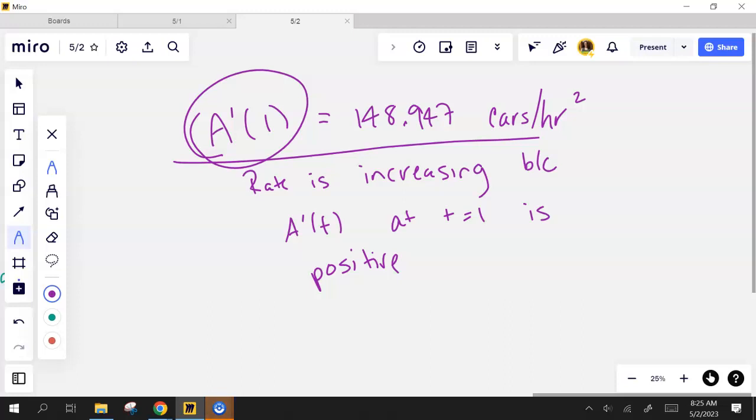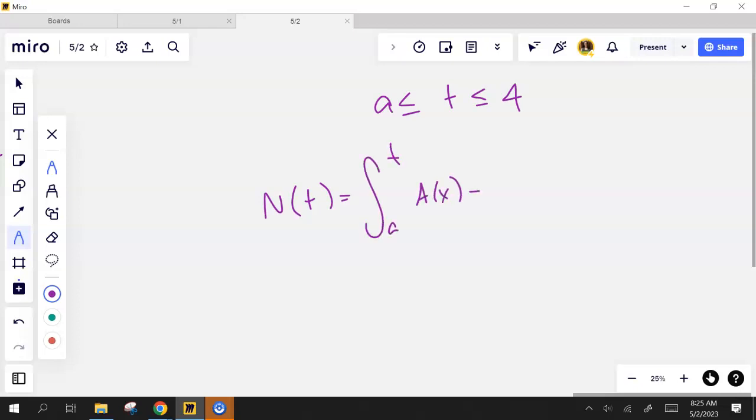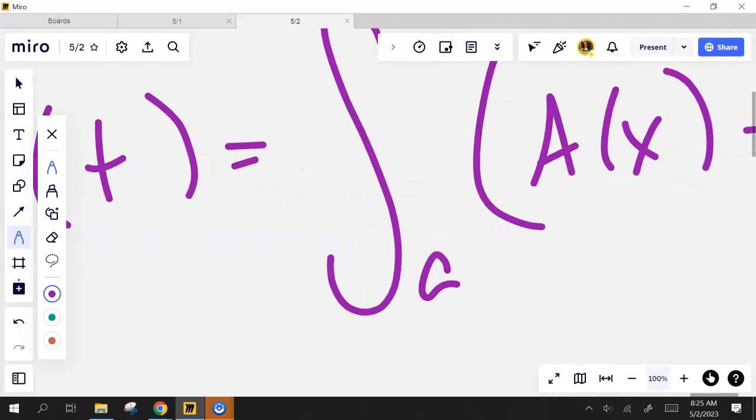All right, let's look at part D. A line forms whenever A of t is greater than or equal to 400. The number of vehicles in line at time t, this must be my big one, 1, 2, 3, 4 points, is given by... I spot a fundamental theorem problem.